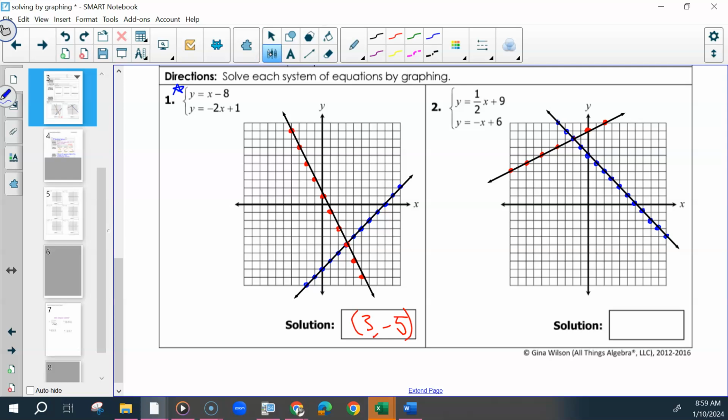Where do those 2 lines cross? -2, +8. Once you finish that one, go ahead and go to the next page. We'll do number 3.